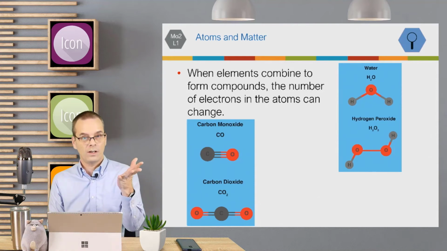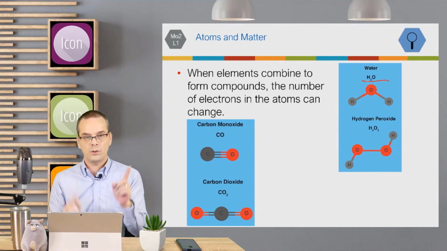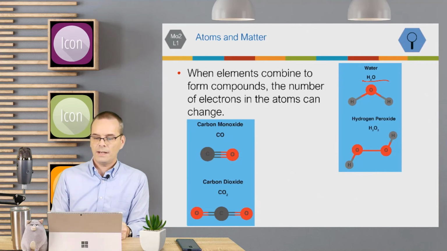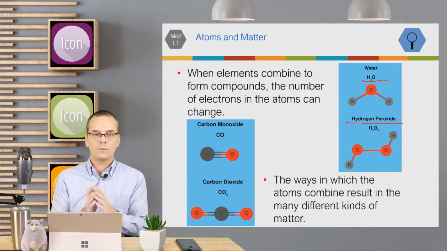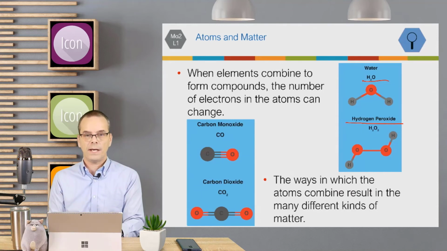Same thing for water. Water is H2O. It is 2 hydrogen to an oxygen. But now, if we add 1 more oxygen, it becomes hydrogen peroxide. Completely different. So the ways in which the atom combines can result in many different kinds of matter.